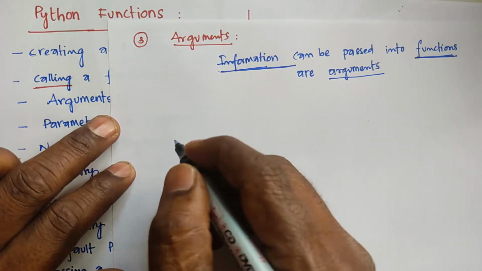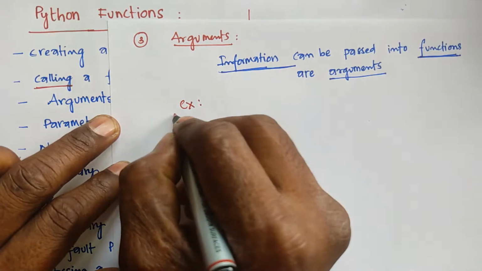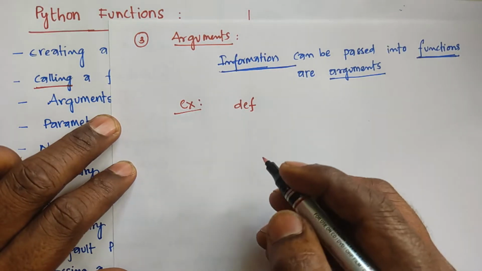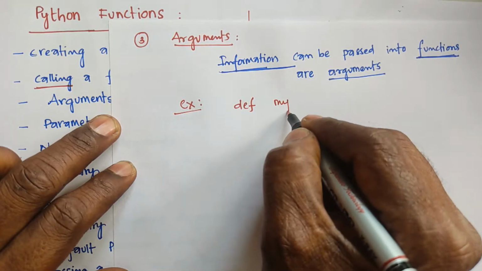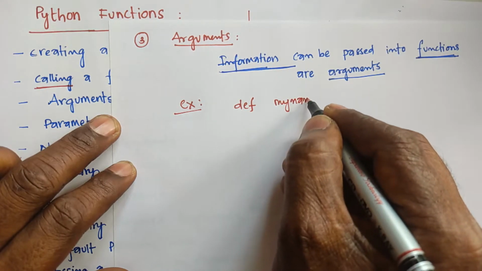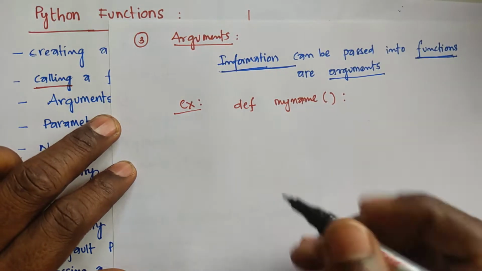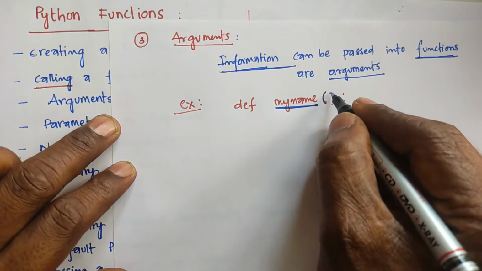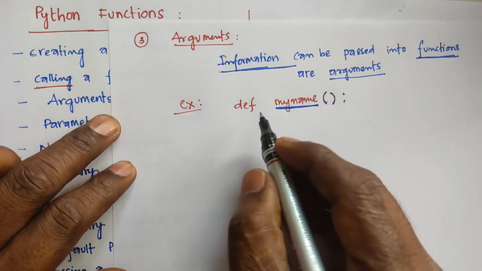For example, I am creating a function with def, and my function name is my name. After that I am using parentheses and a colon.